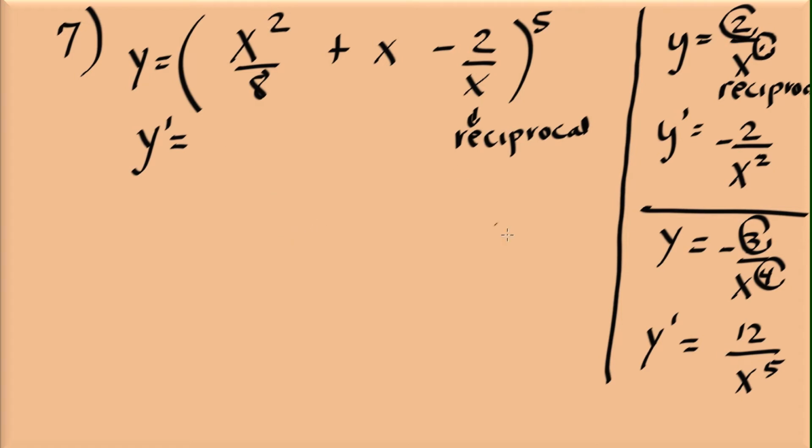Okay, so we're going to be using this shortcut when we get to find the derivative of this part of this expression, okay? So let's use the chain rule now. 5 times 1 right here. So 5 times 1 is 5.